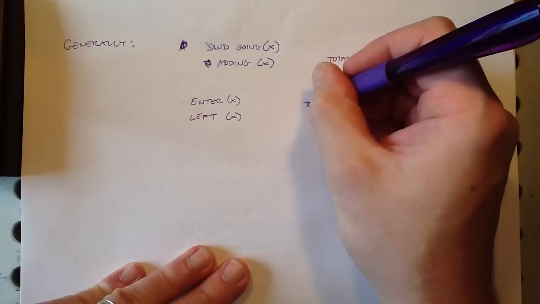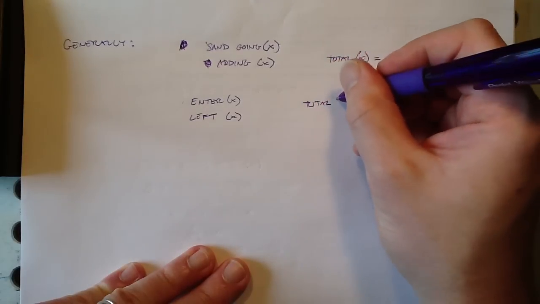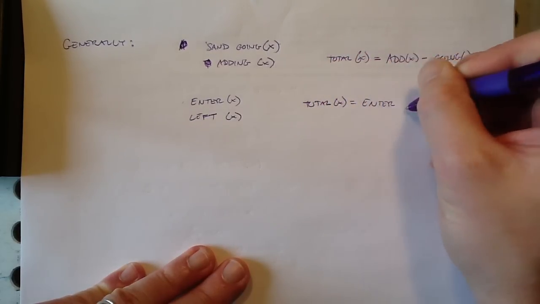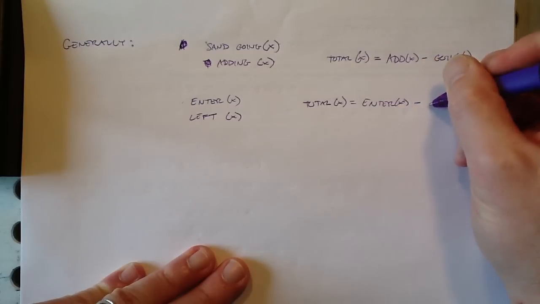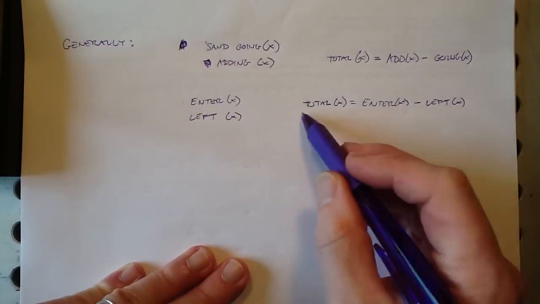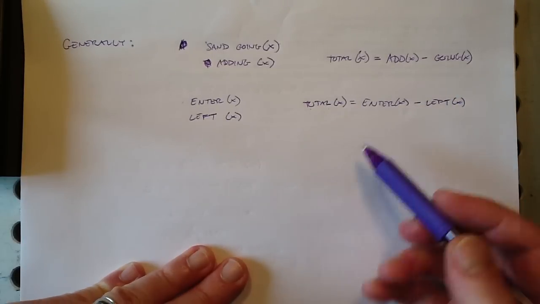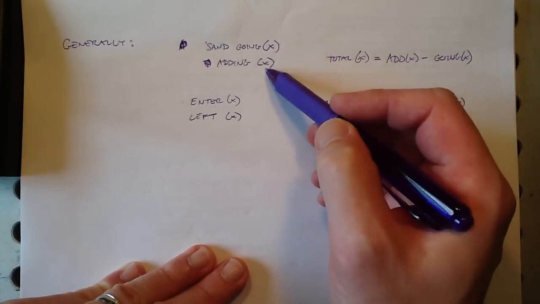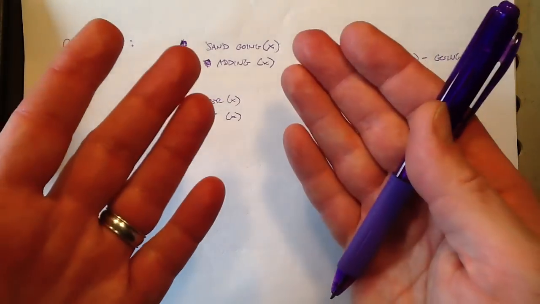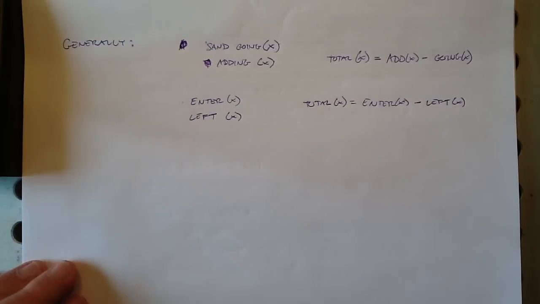And if you want to know the total number of people in there, well, that's the number who have entered minus the number who've left. And then again, if you want to find the maximum or minimum number of people, you could take the derivative of this and set it equal to 0. So there's lots of ways of setting up this kind of situation where one function is adding some stuff and the other function is taking it away. And the economics one is a classic example of that.